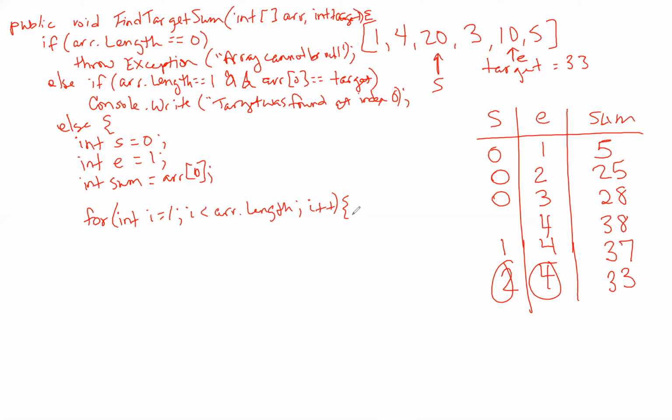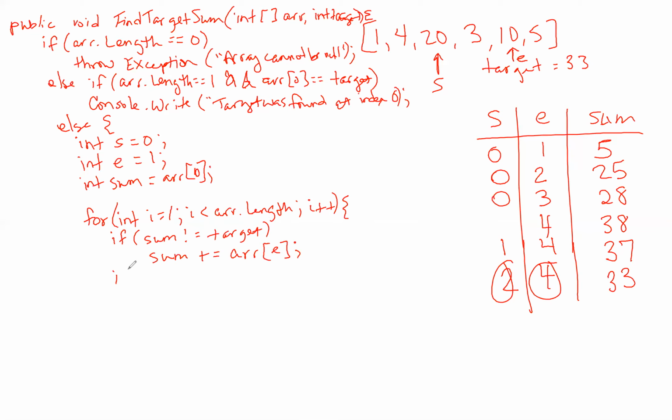Okay. So first we want to look and figure out if the sum does not equal the target, we want to add the sum plus the array at index E. So if sum does not equal target, we want to have sum, I'm going to add to sum array at E. All right.